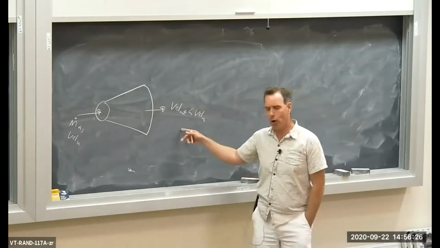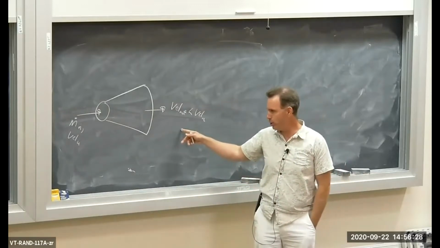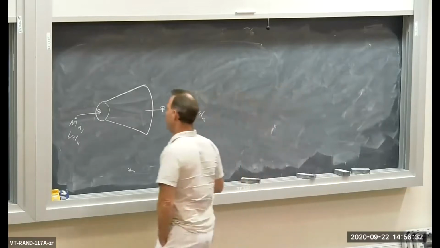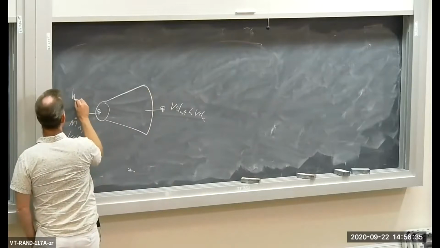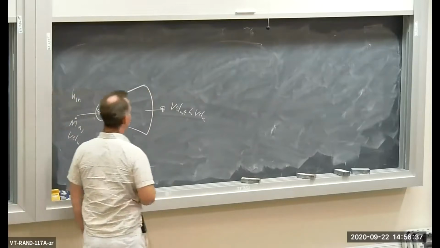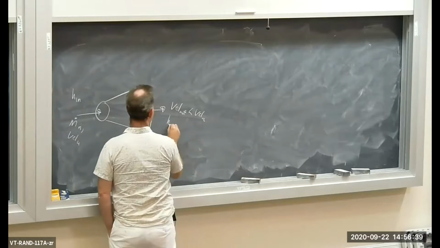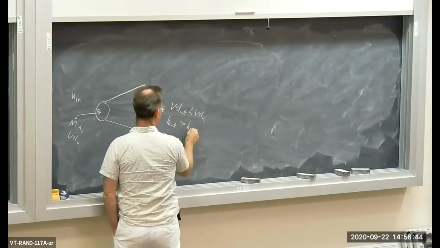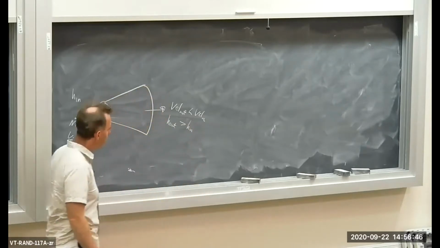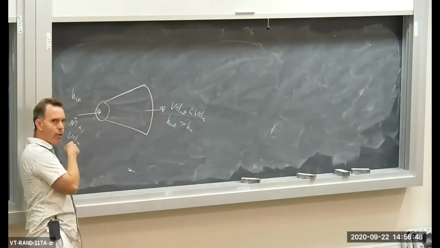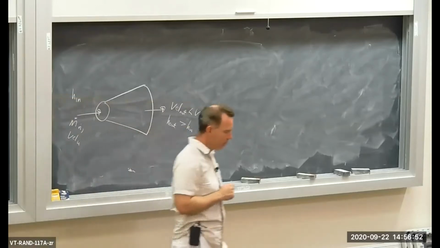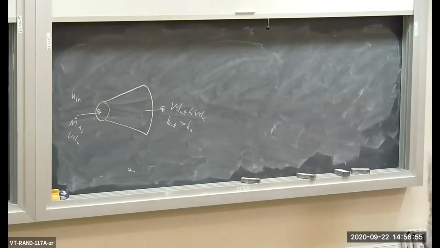Typically pressure goes up and enthalpy goes up. Internal energy and enthalpy go up as we go from the inlet to the outlet. So we have an inlet enthalpy, h in, and an outlet enthalpy, h out, and the outlet enthalpy is usually greater than the inlet enthalpy. So we're taking kinetic energy and converting it partially into pressure power and internal energy.